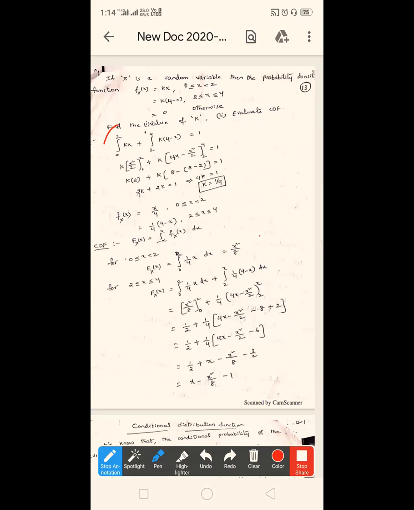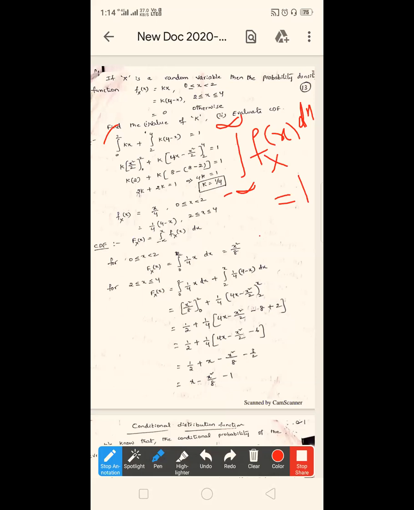Among those 5 properties, the second property must be used to find the value of k. What is the second property? Integral from minus infinity to infinity of small f of x dx is equal to 1. This is the property we have to use to find the value of k.